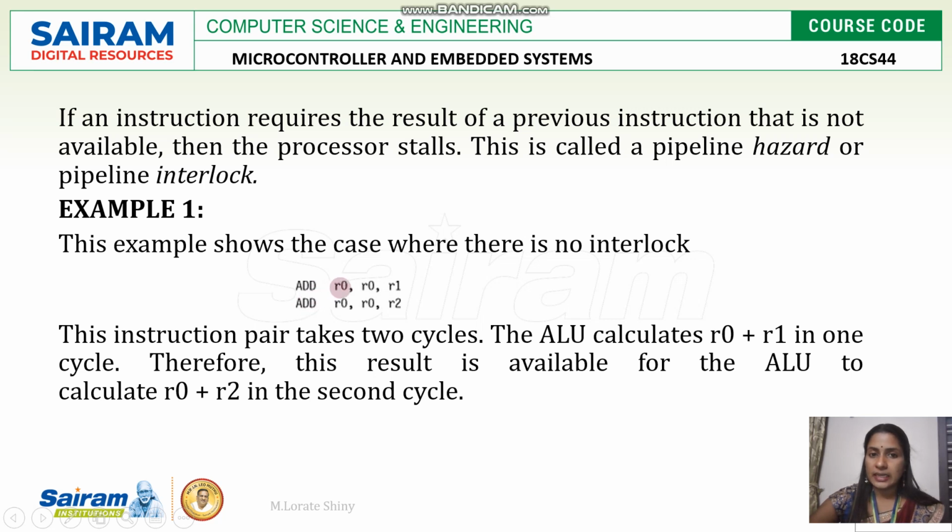In the third cycle, the first add will go to the execute stage and produce the result. In the next cycle, the second add instruction can use R0, because the second add instruction needs R0 from the previous instruction. The result of the previous instruction is required here, and it is ready. So there will not be any stall, there will not be any pipeline hazard. The second instruction also will be executed without any trouble.